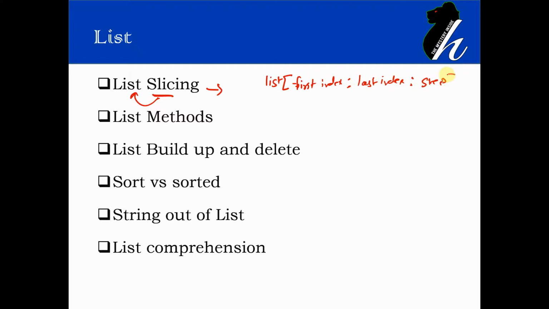So this is the syntax for list slicing. By default, the first index is 0. By default, the last index is the last index value of the list, and by default the step value is 1. The step value is actually optional, so that is not compulsory. Let me directly try to explain what that means.